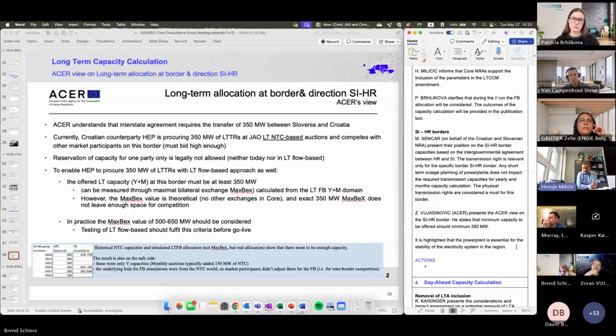As already correctly presented by Marco and Zoran, if we want to give sufficient capacities, not only for this specific purpose but also to other market participants for real competition, we need to ensure a lot more available capacities. What Zoran said is also correct: we have more than 5,000 megawatts of thermal capacity, as stated in FMAX. So we see that these requests are not unrealistic. Thank you.